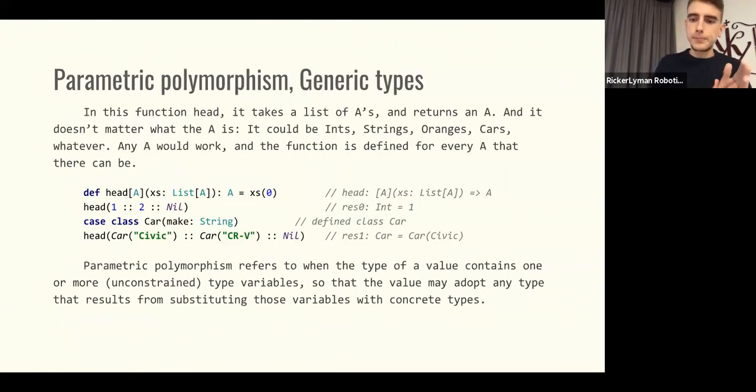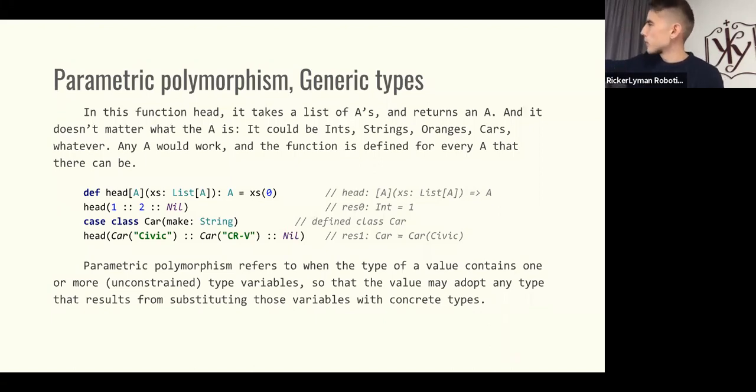This should be common to those who used statically typed languages before. So this is the way we do parametric polymorphism, one of the ways. This is a polymorphic function.